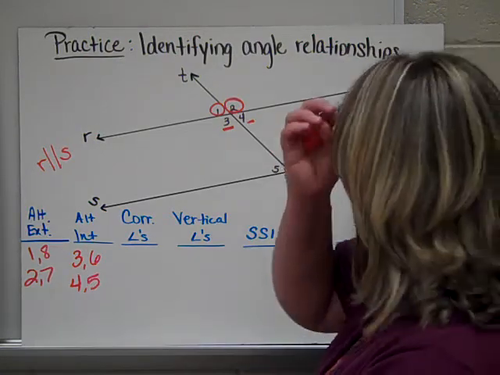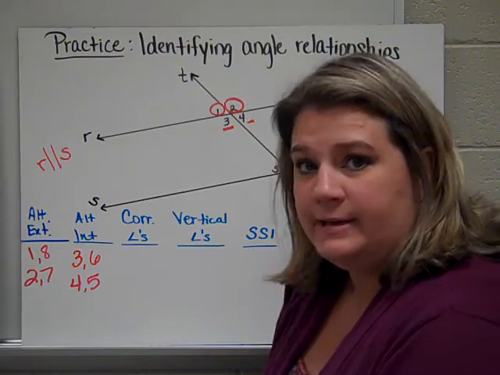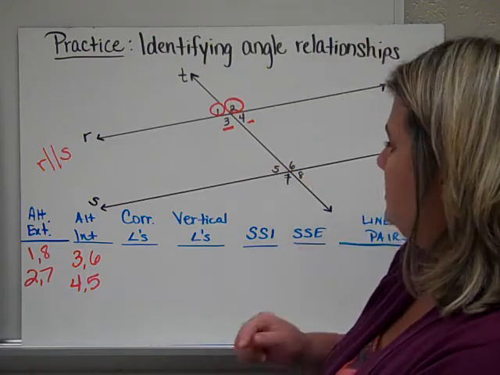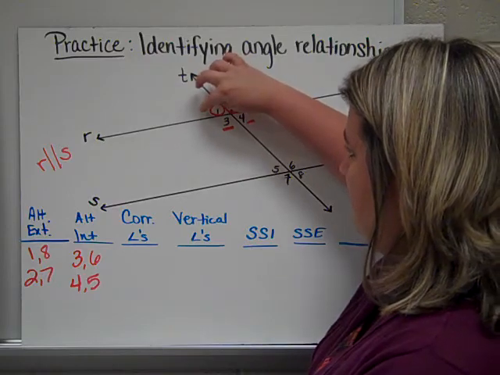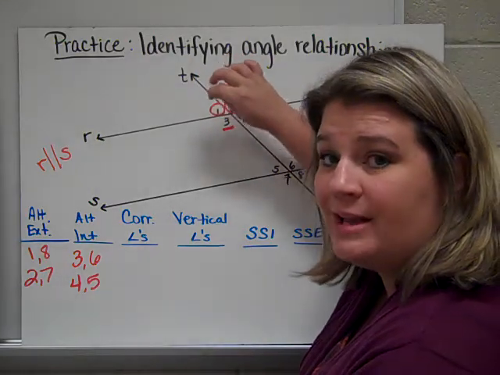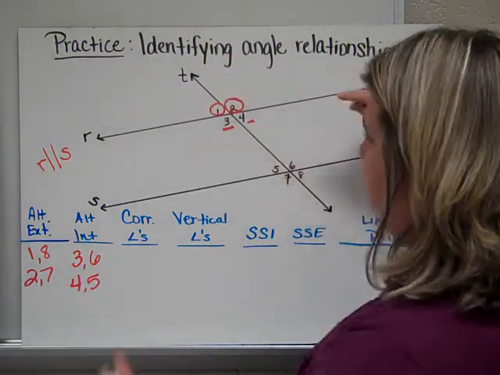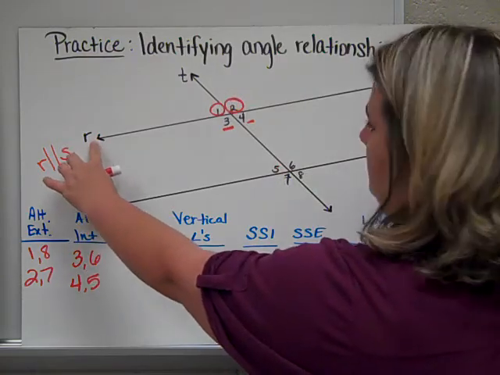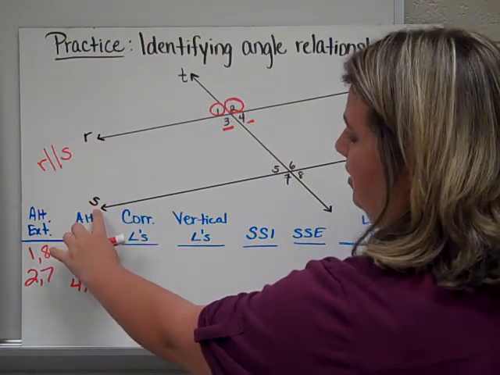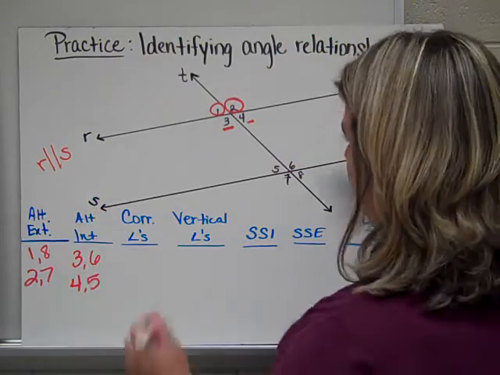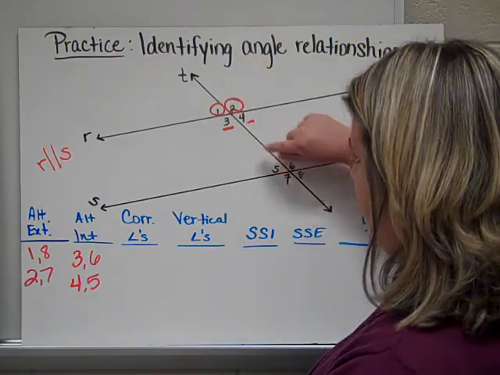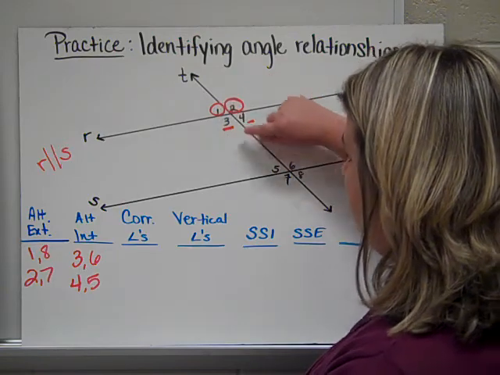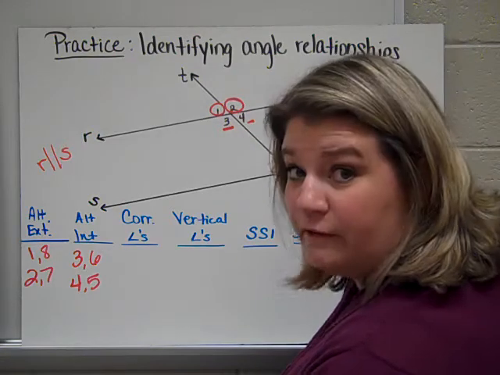Now remember, going back to corresponding angles. Corresponding angles are in the same location but on a different figure. In other words, if I take line R and slide it on top of line S, angle 1 would sit right on angle 5. They are in the same location but on a different figure.